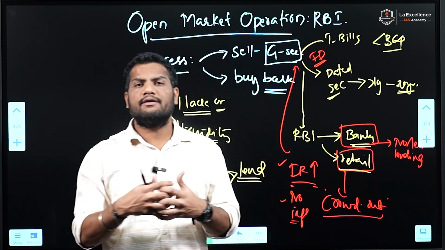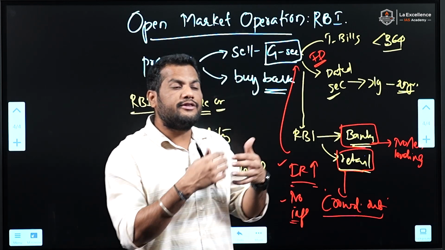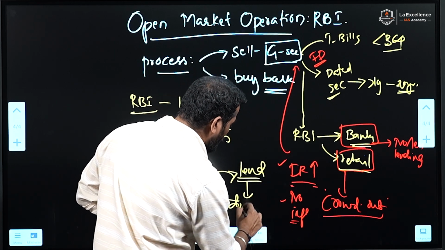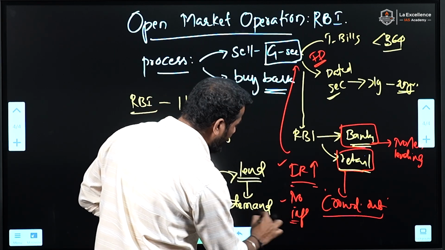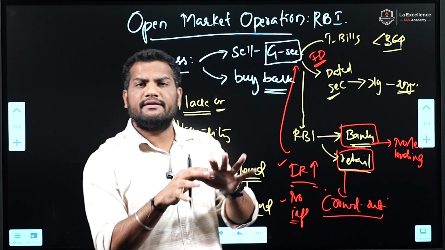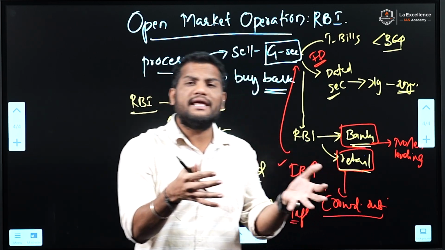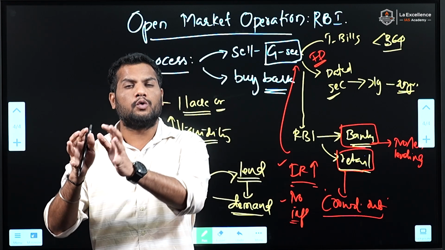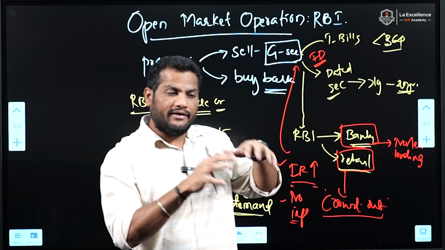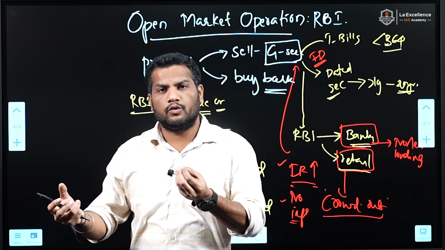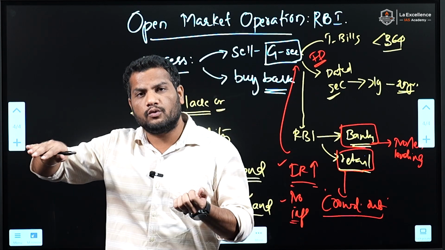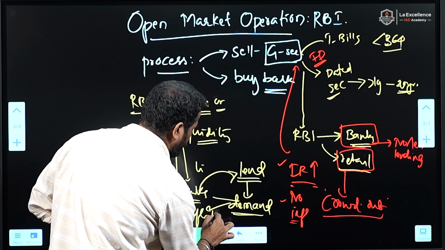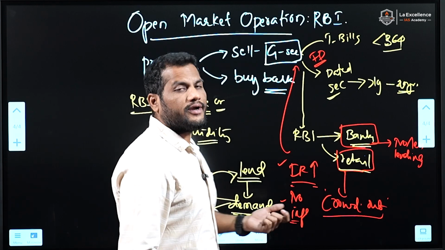Whenever lending happens, there will be more demand, because there is enough liquidity in the Indian economy. There is more money in the hands of the people, and more money is chasing fewer goods, and there will be inflation in the economy. Hope you are understanding, right?